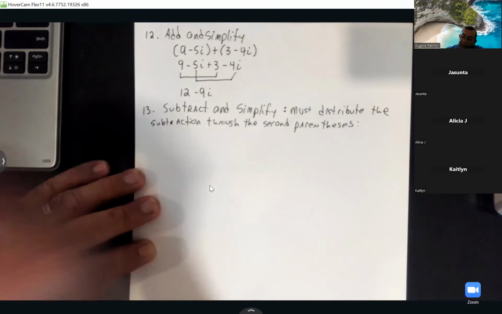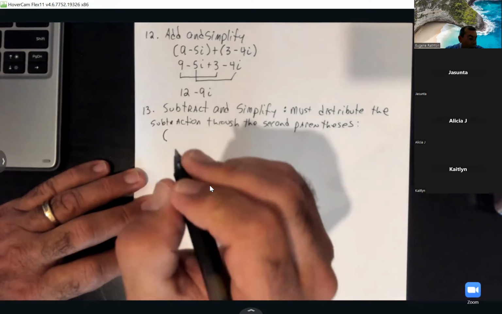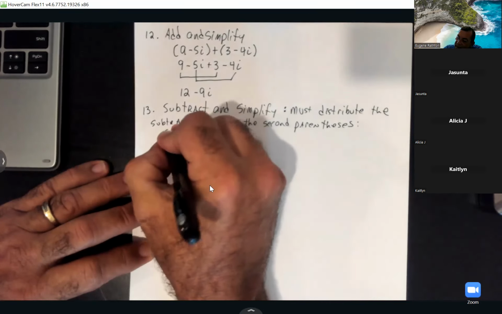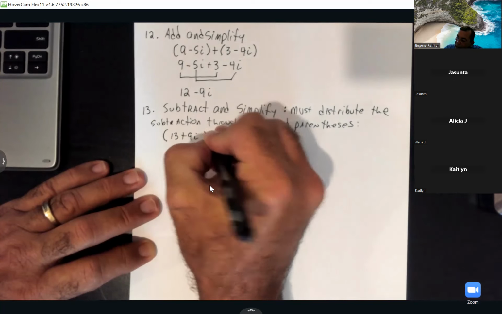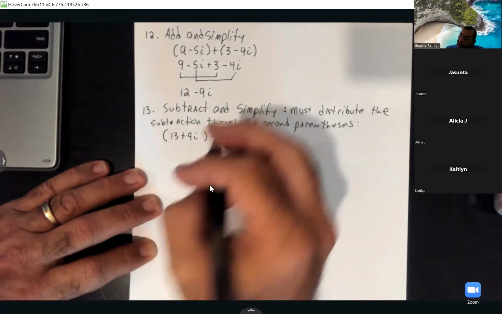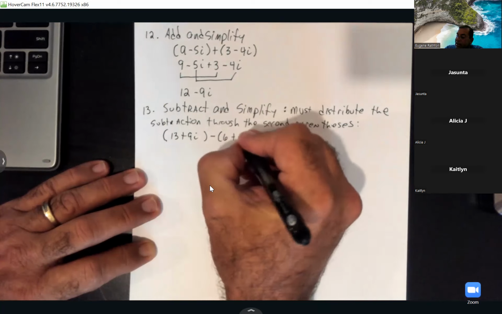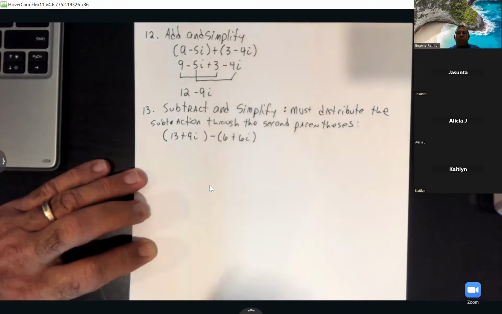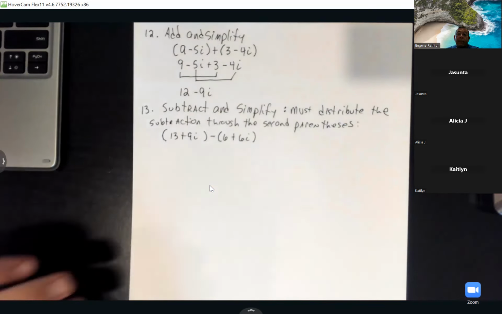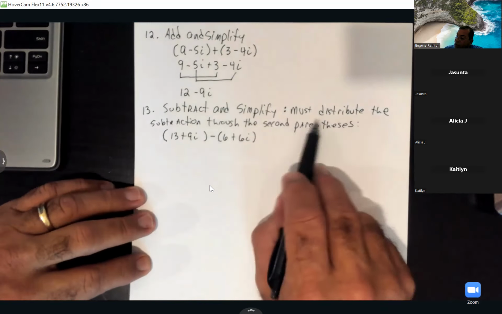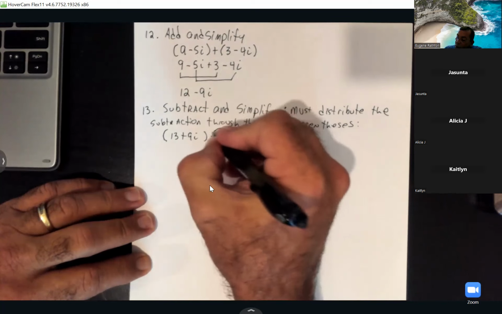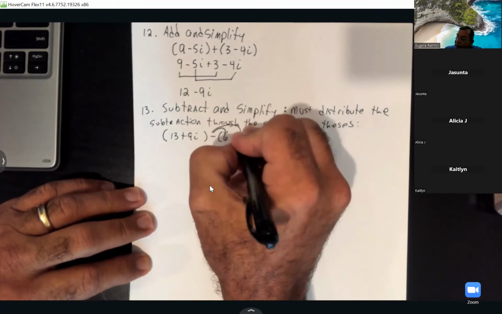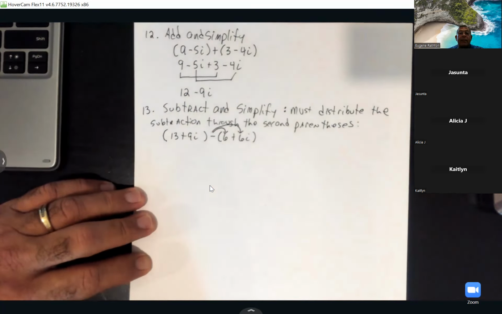Okay, so let's try one. We're going to do 13 plus 9i minus 6 plus 6i. So what we mean by distribute the subtraction, we got to treat it like a -1 and multiply everything in the second parentheses.